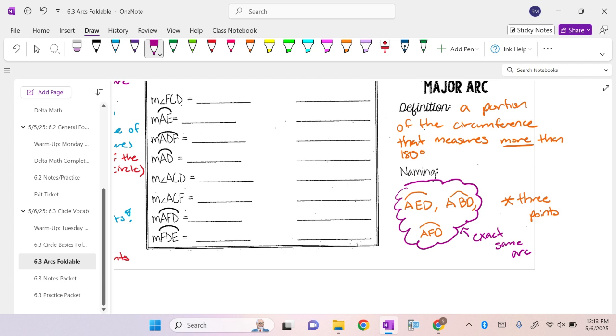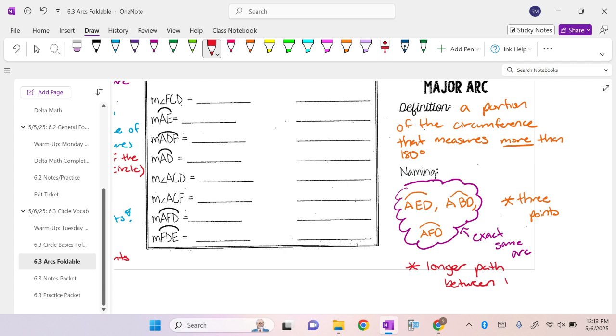Because again, it doesn't matter what point we pick in between those two endpoints, as long as it is in between the two endpoints on the big arc. All right. And again, just to note, a major arc takes the longer path between 2 points.